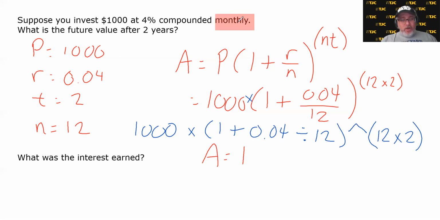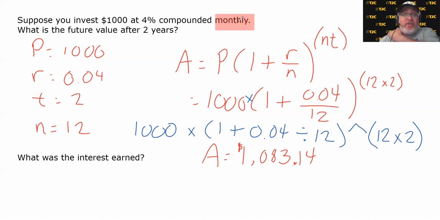I think I know. 1,000 times, open parentheses, 1 plus 0.04 divided by 12, close parentheses, exponent button, open parentheses, 12 times 2, close parentheses, equals. And our future value is $1,083.14. And if you go back and watch the video that listed different future values, this was the one when interest was compounded monthly.